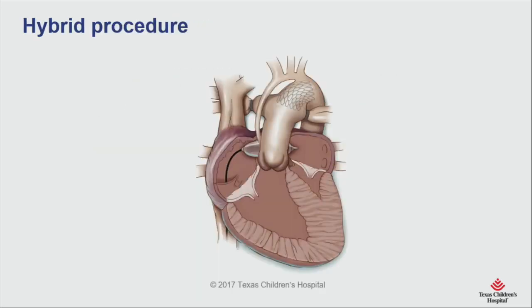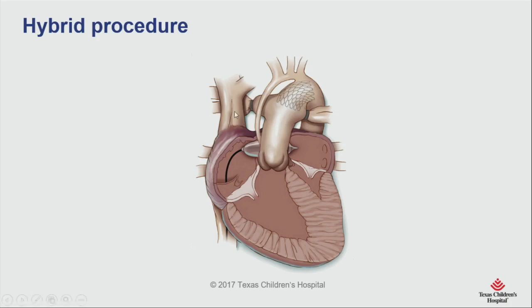Now, the hybrid procedure: there was a lot of enthusiasm about this procedure a few years ago. The goals of the hybrid procedure are the same as the normal procedure, the same principles, right? The difference is how you achieve those goals. The systemic outflow tract obstruction is alleviated by putting in a PDA stent or keeping the patient on prostaglandin to keep the duct open.